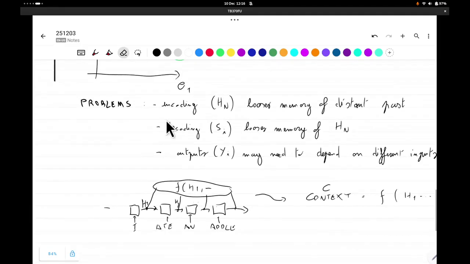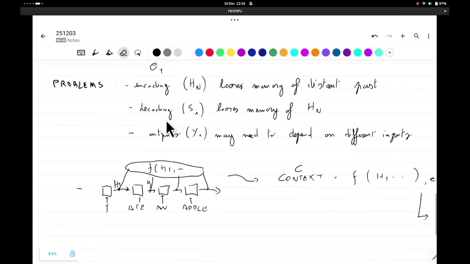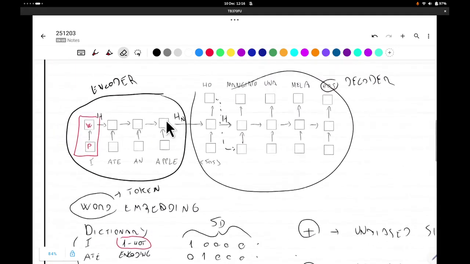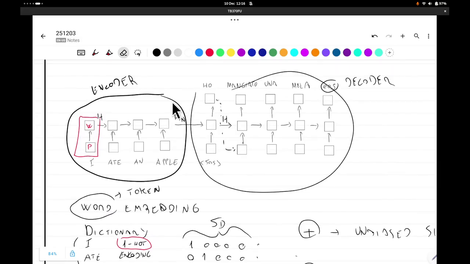Now, this architecture that I sketched is pretty general for this kind of sequence to sequence, but has two major problems, or well, three, I would say. One is that we have a first part of the network, which is called the encoder, that treats the actual input, and then at some point you have the trigger to give the output, start of sentence.